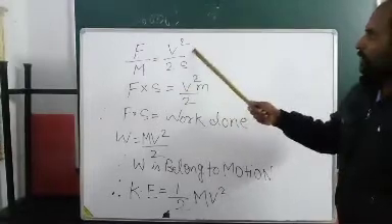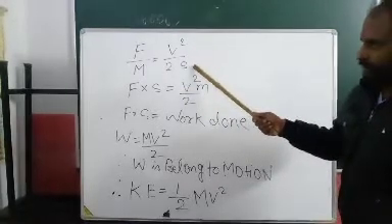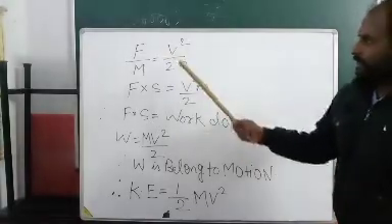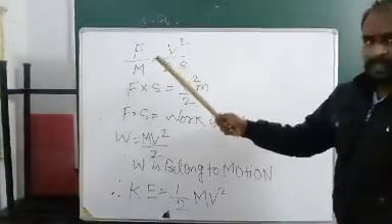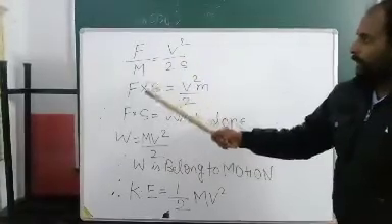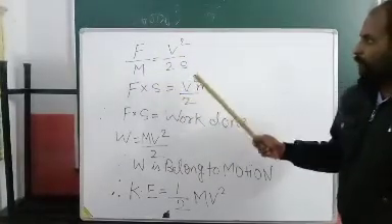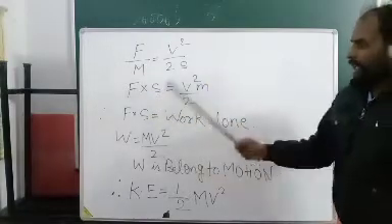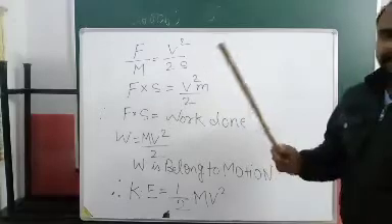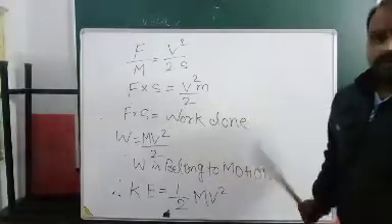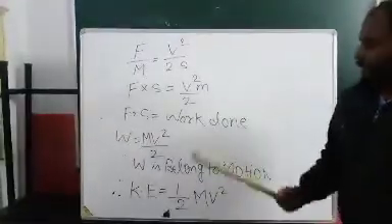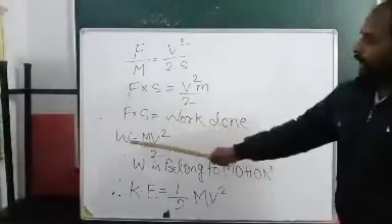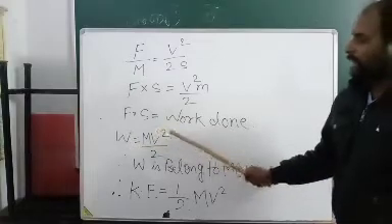Now do cross multiplication here: F multiplied by s and m multiplied by u square. We know that F into s, that means applying force and covering the distance, done by the object, is called work done. So the work done equals m u square by 2.